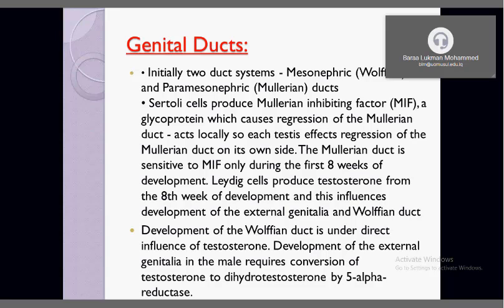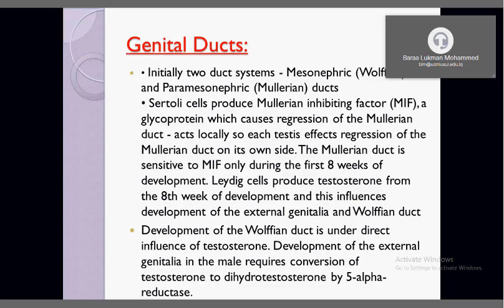What influences this differentiation of the genital duct? Again, it is the developing gonad. The proliferation of a certain duct and degeneration of the other duct in both sexes is influenced by the developing gonad.